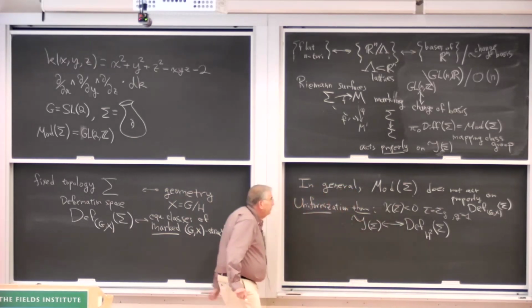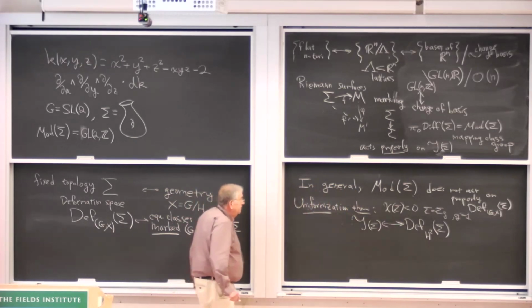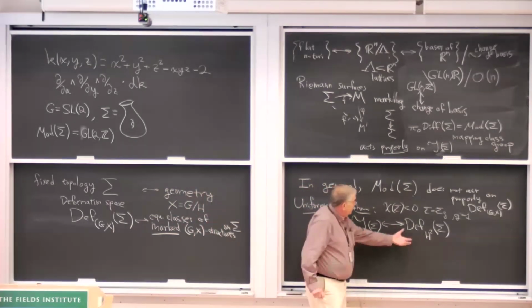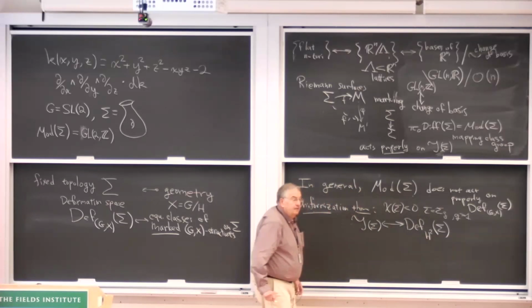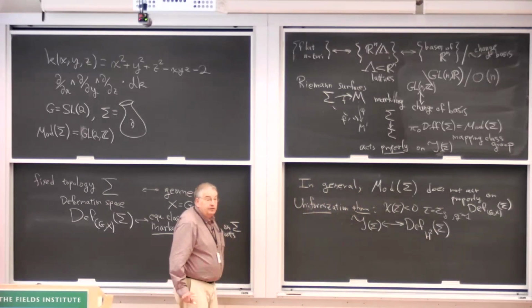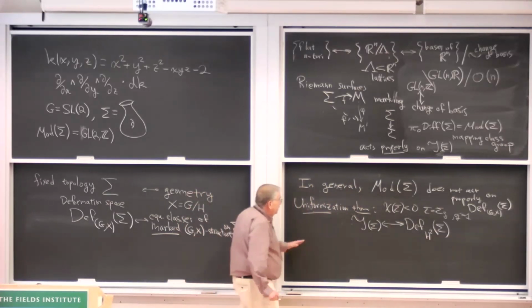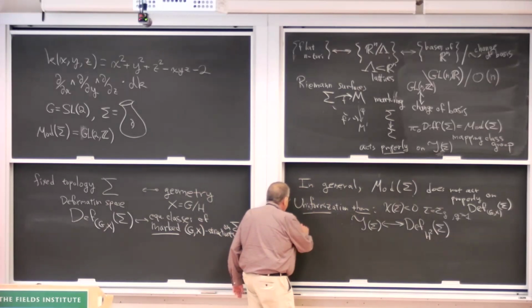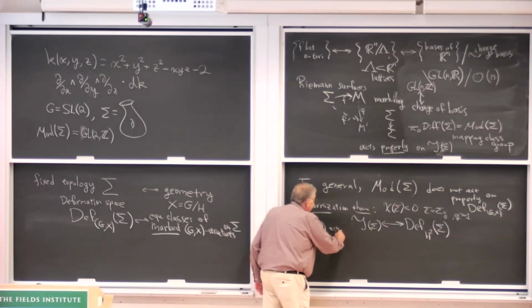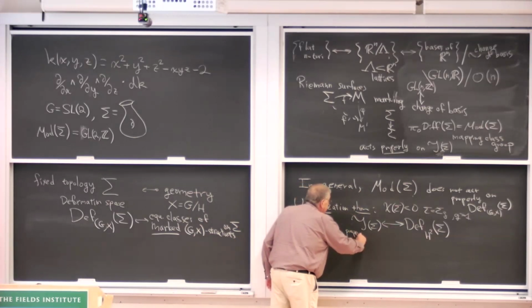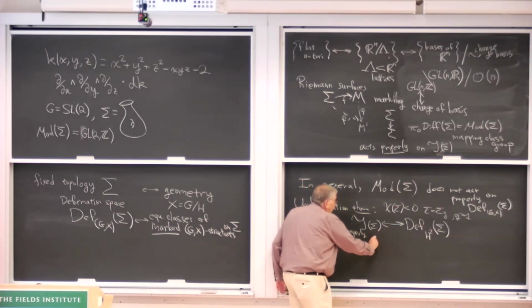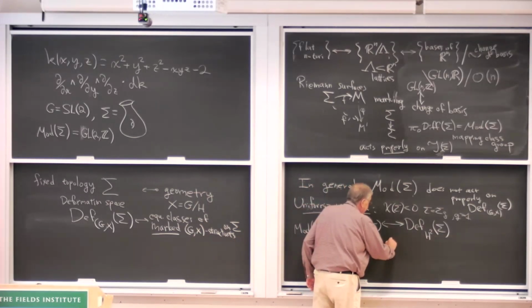In that case, Teichmüller theory does fit into this deformation of locally homogeneous geometric structures. And in particular, the mapping class group of sigma acts properly on these spaces, on the Fricke space.